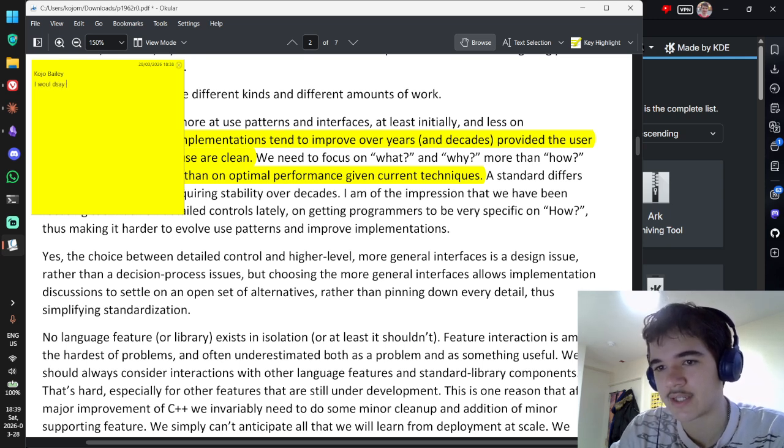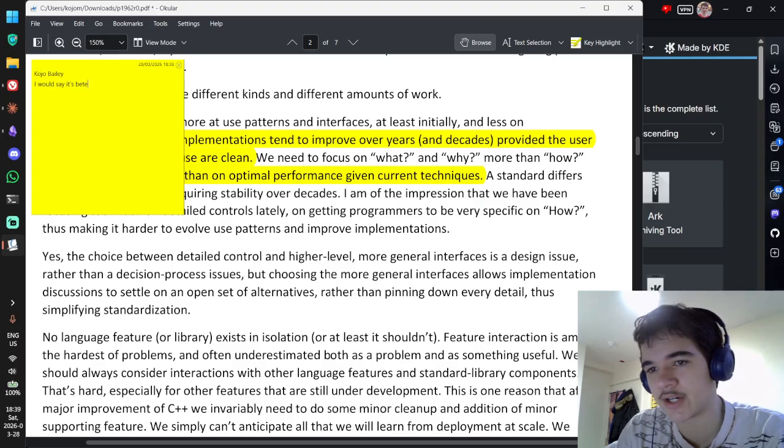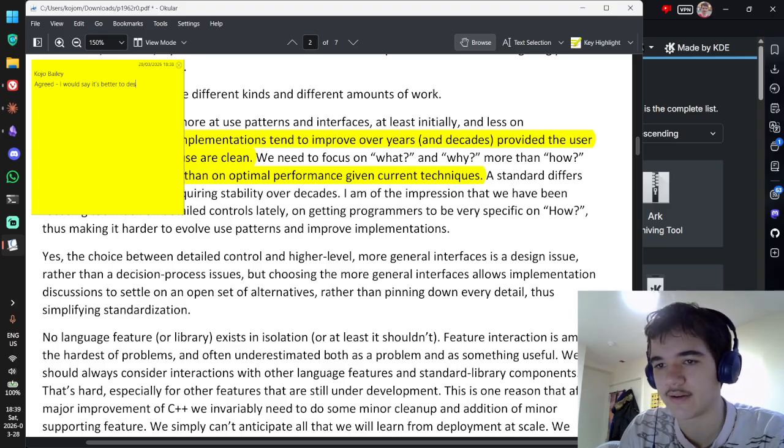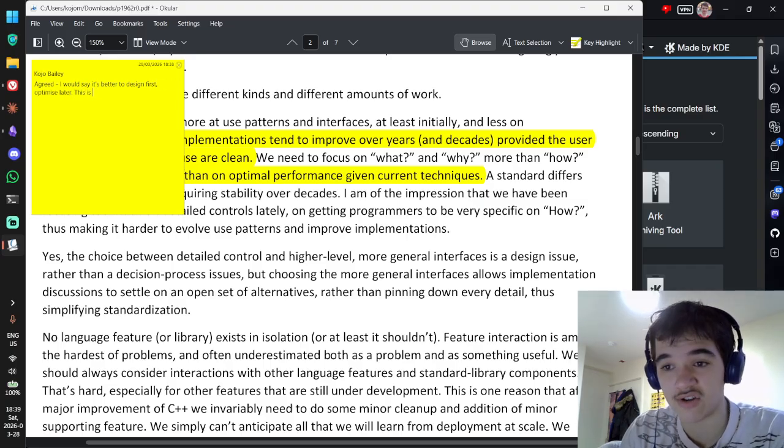So I would say it's better to, okay, agreed. First of all, I would say it's better to design first, optimize later. This is also just general programming advice that has gotten quite popular.